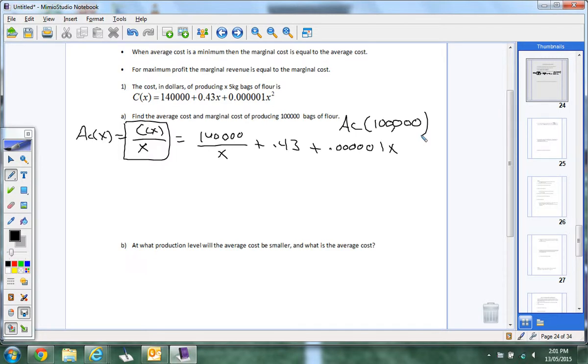When you do that, that's just calculator work, so I'm not going to go through it closely, but it kicks out $1.93, which stands for $1.93 a bag. So the average cost of making flour when you have 100,000 bags produced is $1.93 per bag.